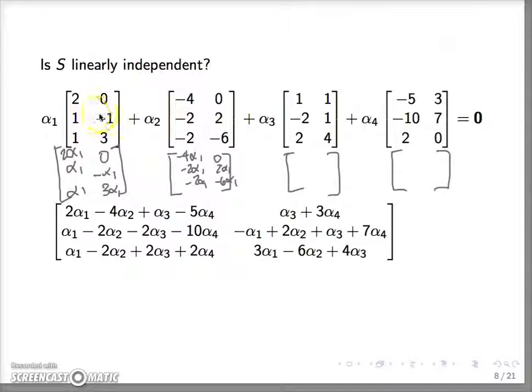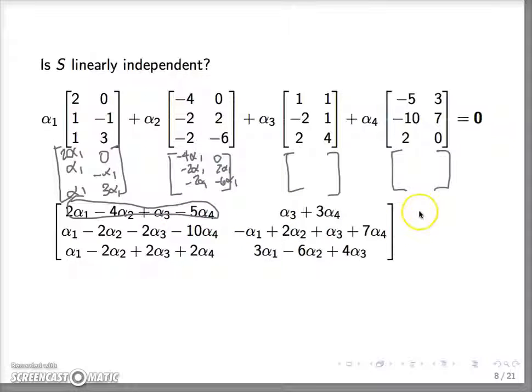And then by adding, these are 1, 2, 3, 4 matrices. Each of those scalar multiplications is a matrix, and that matrix has 3 rows, 2 columns. So we end up with a matrix with 3 rows, 2 columns, which is what we have here, and this is the 1,1 entry, right? We obtain that by adding up all the 1,1 entries on those 4 matrices. So there we collect 2 alpha 1 minus 4 alpha 2 plus alpha 3 minus 5 alpha 4, and so on.